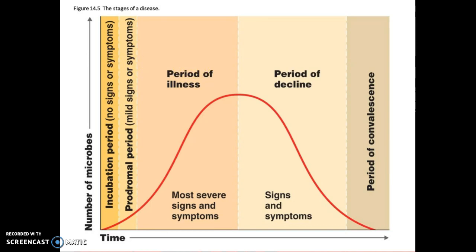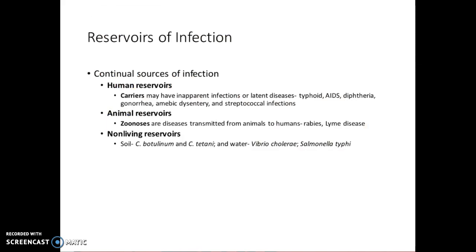So the next topic that we want to talk about is the reservoirs for infection. So continual sources of infection. So humans can act as reservoirs. They can be carriers. They can have inapparent infections or latent infections. Typhoid, you can carry it in your gallbladder and continue to spread it for the rest of your life. There's a story in your book about Typhoid Mary.